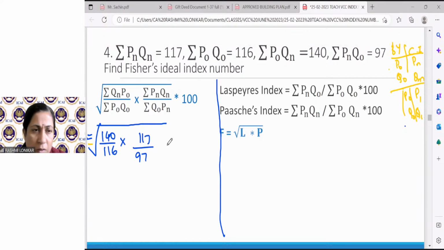Just a minute. I think this is the formula for quantity index, not for price.